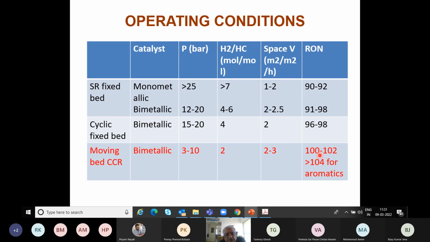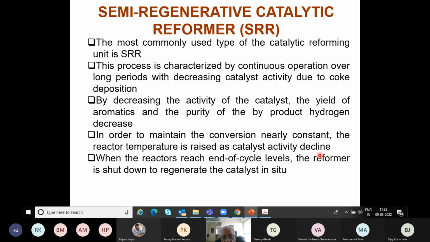In SR reformer, the catalyst is like an extrudate, while in CCR it is spheres or tiny spheres. The bimetallic catalyst in SR is platinum rhenium, while here it is platinum tin, and the pressures are a lot lower, and the hydrogen to hydrocarbon ratios are much lower, and you get much higher yield.